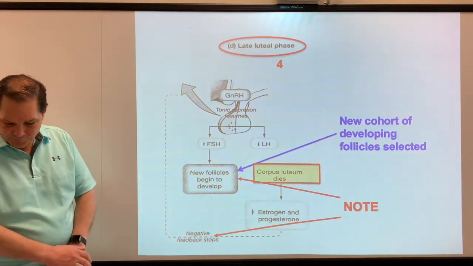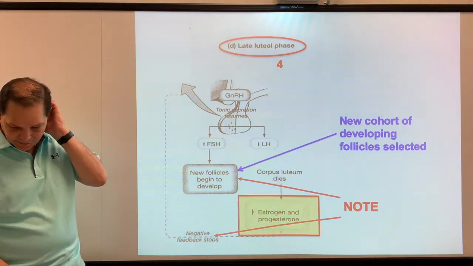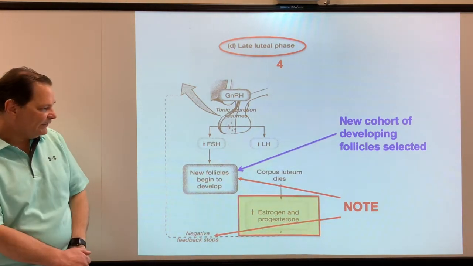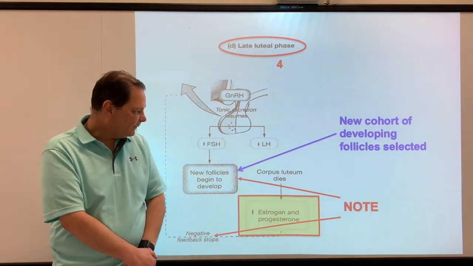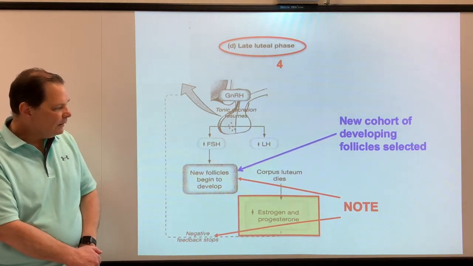The corpus luteum dies. Okay. And it becomes a corpus albicans, an atretic corpus luteum, a scar on the ovary.